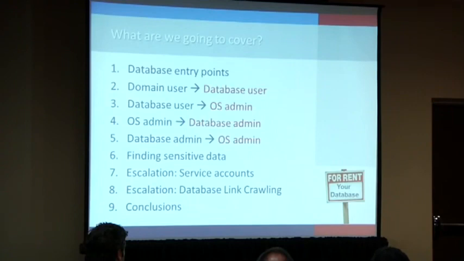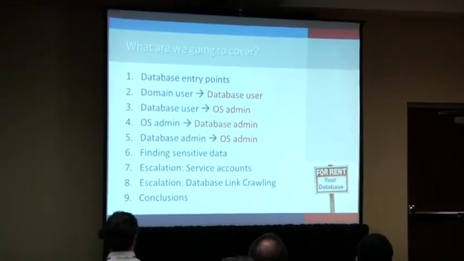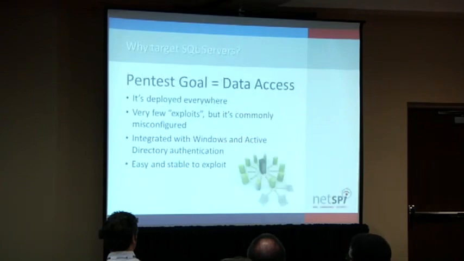But it's also nice for DLP and PCI, to see if you have sensitive data out there on your non-PCI networks or non-protected networks that shouldn't be there. We're also going to walk through 2 kind of cool escalation methods, basically leveraging database service accounts to traverse the network and traverse databases. And then my personal favorite, database link crawling, which is kind of the cherry on top of the presentation, hopefully.